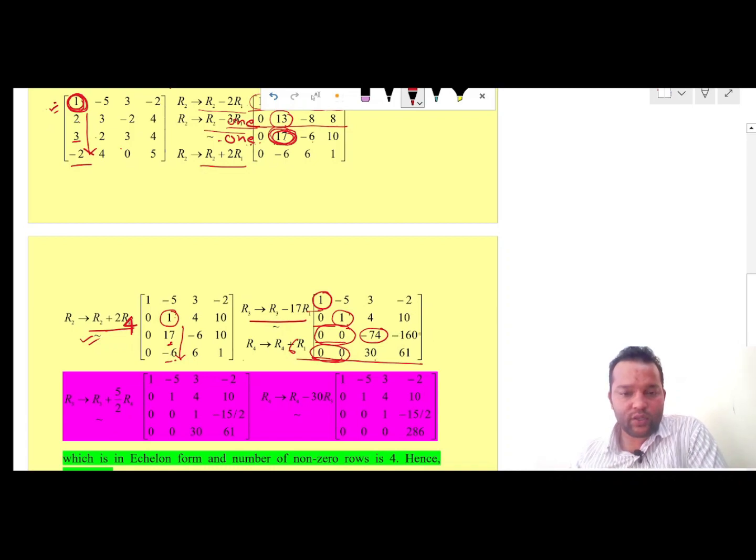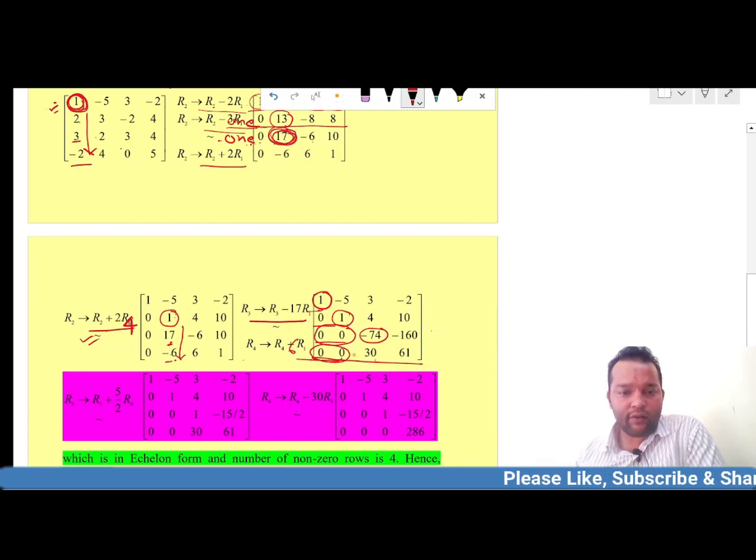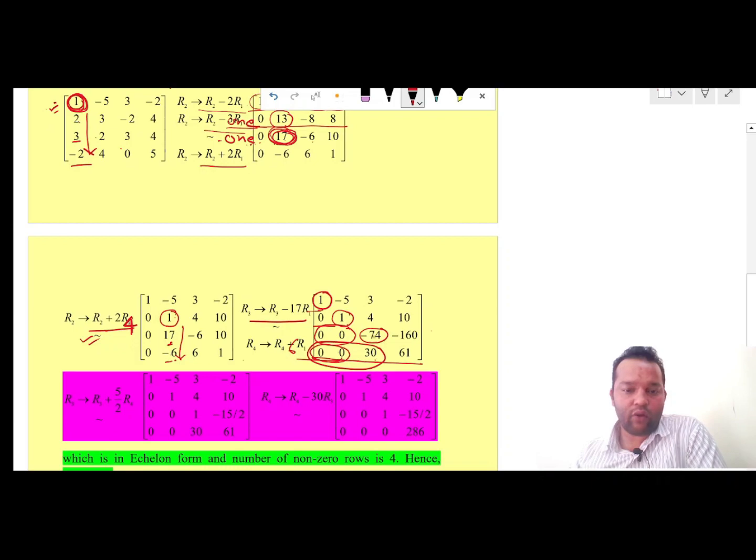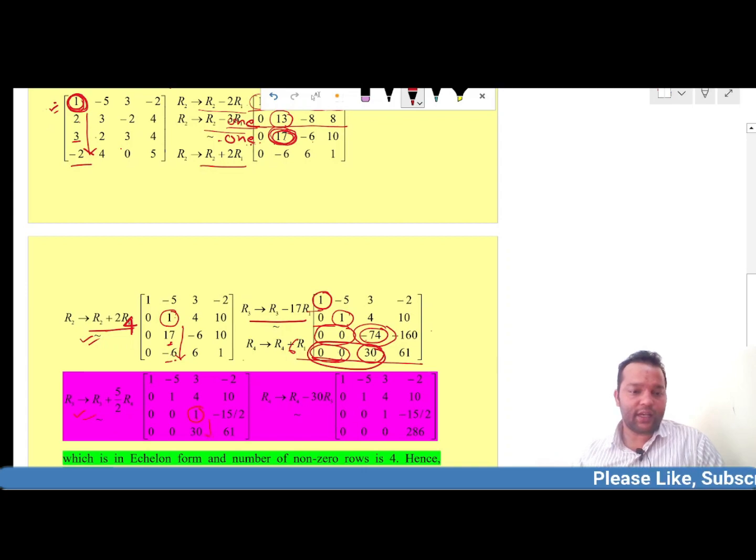So in order to reduce this matrix into echelon form, we have to involve at least 3 zeros before the first non-zero entry. So our objective is to convert this 30 into 0 with the help of this entry and using a suitable elementary transformation. So for this, we first adopt this operation so that this entry is reduced into 1, and with the help of this one, then this entry is reduced into 0.